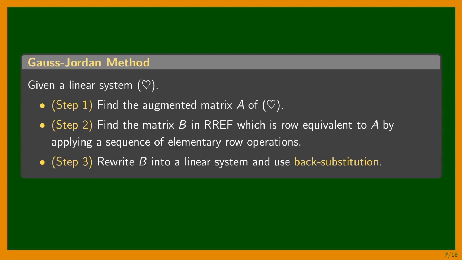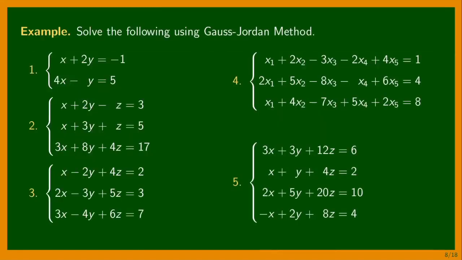By simply applying a sequence of elementary row operations, just the algorithm that I have already shown you. Finally, the resulting matrix in RREF will correspond to a linear system that is in row echelon form and therefore can be solved by back substitution. That's it. That's the Gauss-Jordan method.